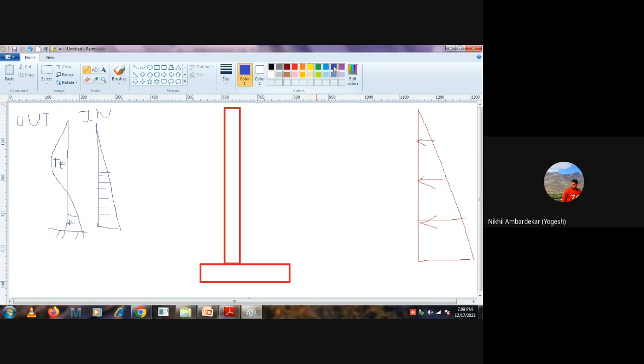So ideally for this hogging, where are you going to put the reinforcement? Maybe if I draw, I know this is not matching, but assume this height will come somewhere here. At this portion your wall is subjected to tension because there is no compression. Someone told me compression, those things. No, bending moments create only tension. And that's why we are providing the reinforcement. So for this hogging moment, on which face do we have to provide the reinforcement?